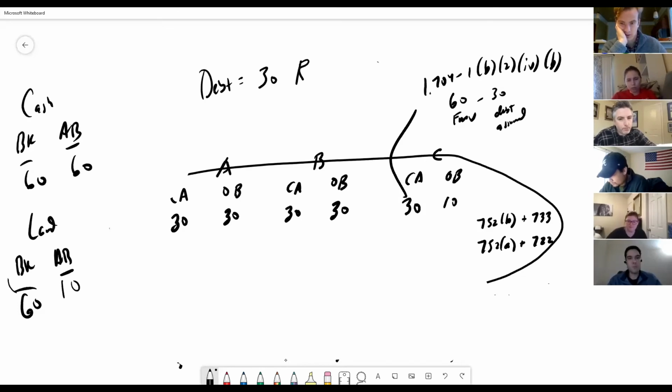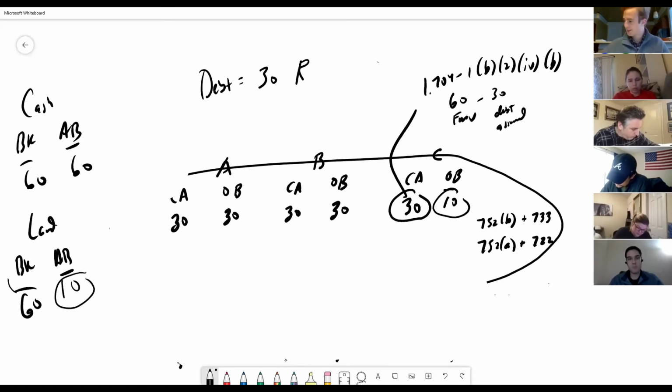But for whatever reason, this is the situation we're in now, and we've got this situation again for C. So we don't change this; the capital account is still 30. We do change the outside basis: it was 40 and now it's 10 because our inside basis is 10. We still have that constructive distribution of 30 because he's still shedding 30 of individual liabilities.